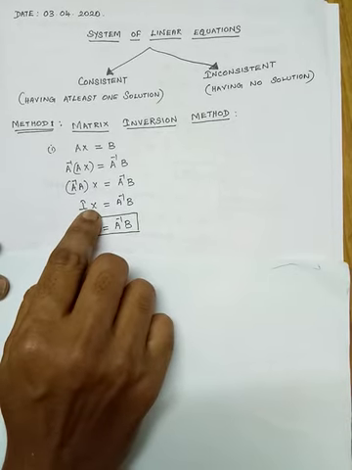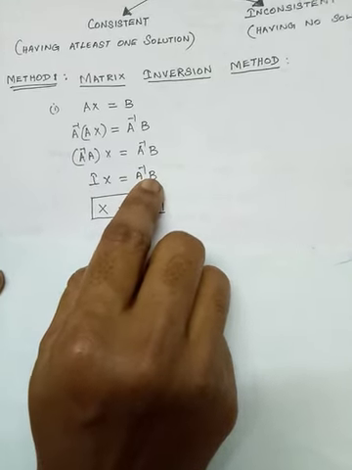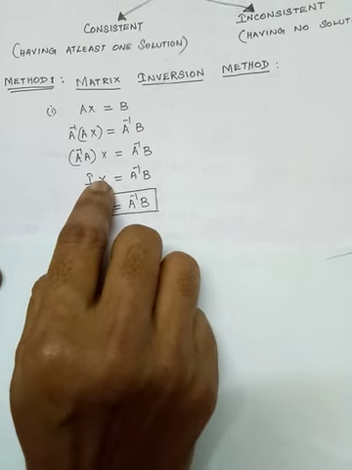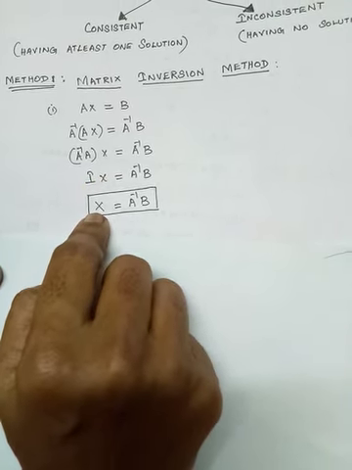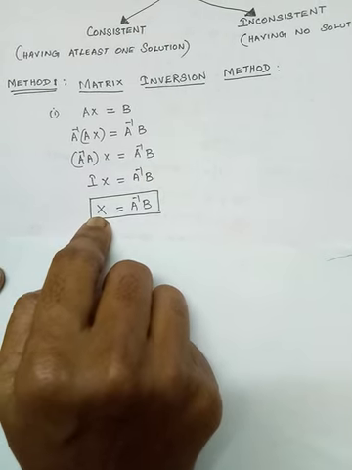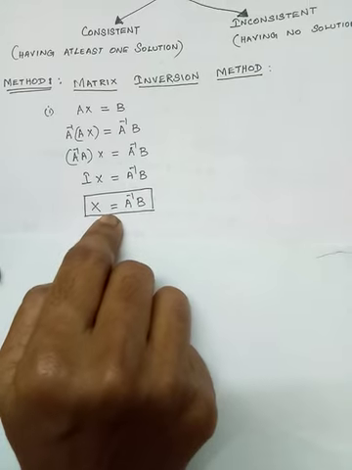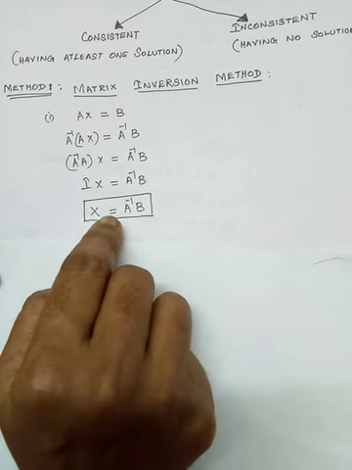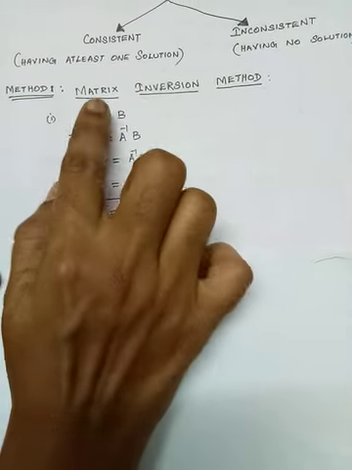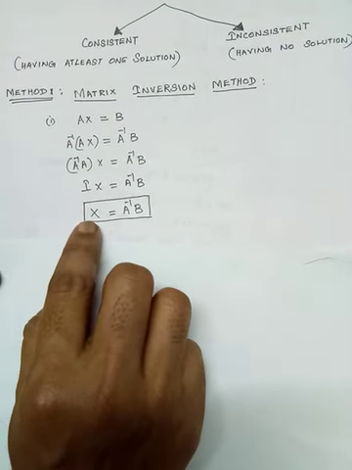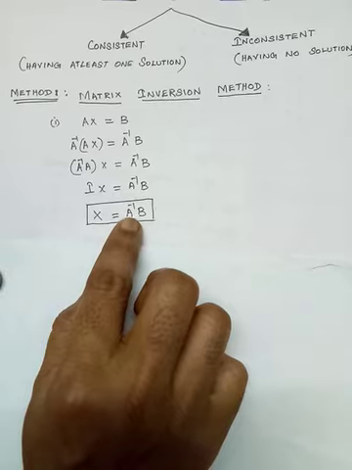So Ix = A inverse B. An identity matrix multiplied with any matrix gives that same matrix. So here you are getting X. X is equal to A inverse B. This is the formula to be used in the matrix inversion method.